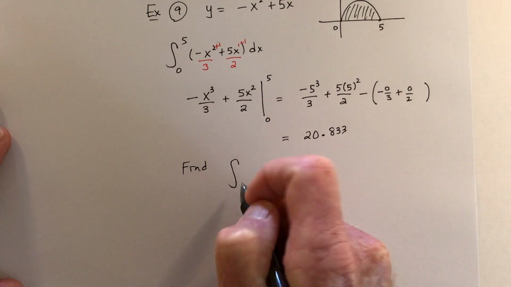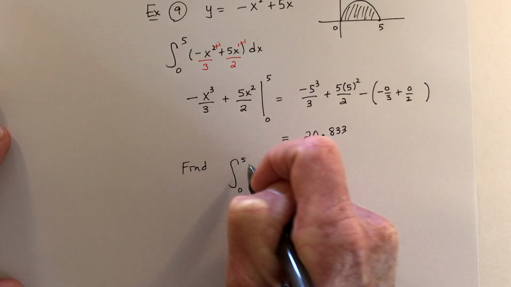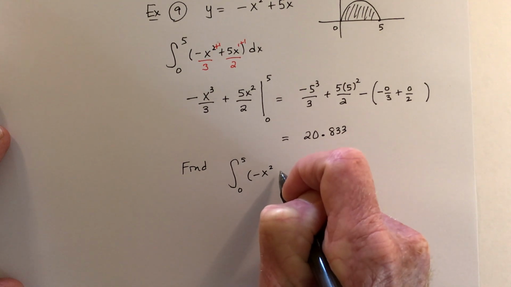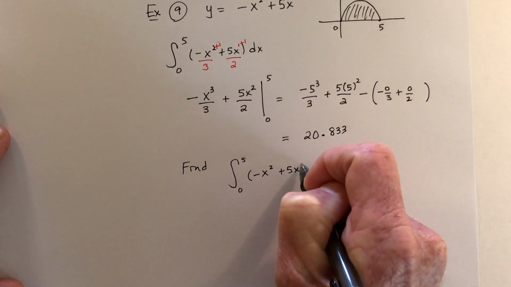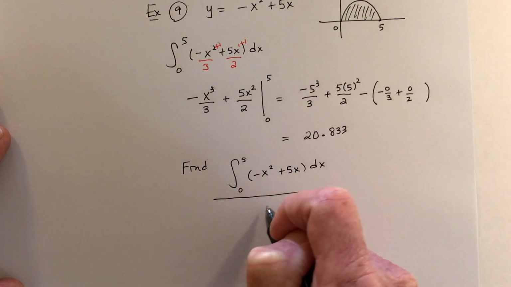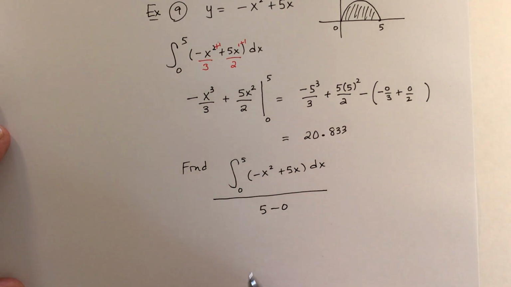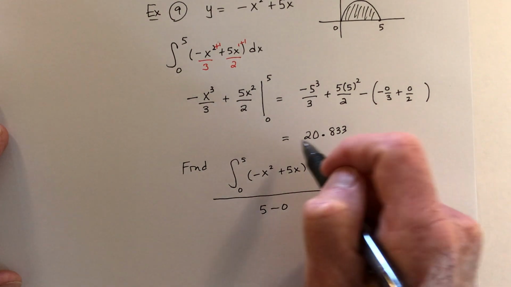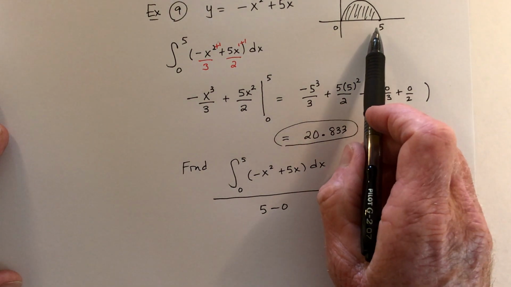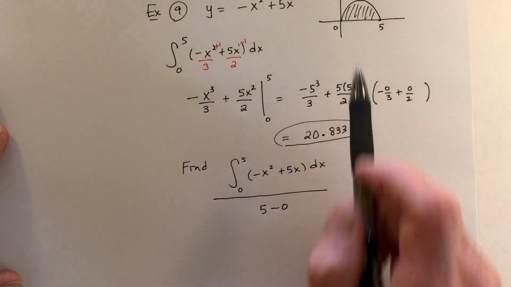What about if it's the integral from 0 to 5 of the exact same problem? And then divide by 5 minus 0. So we don't have to redo the whole problem because I already know that the integral equals this. And then you take the length of the interval, so from 5 to 0, that's a length of 5.